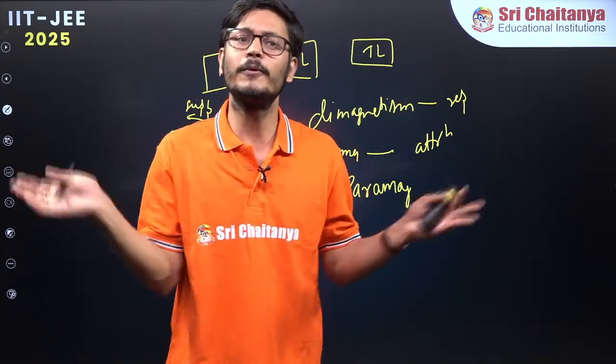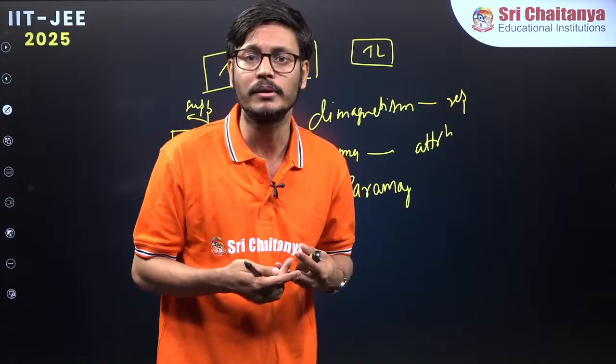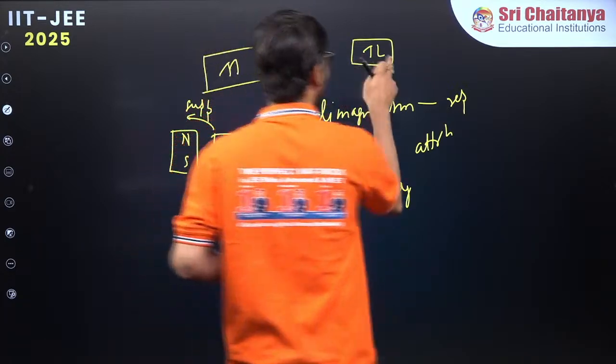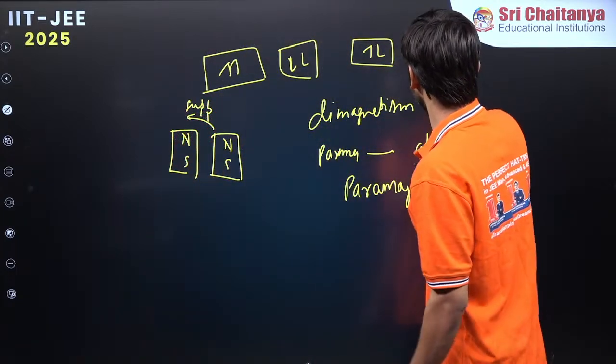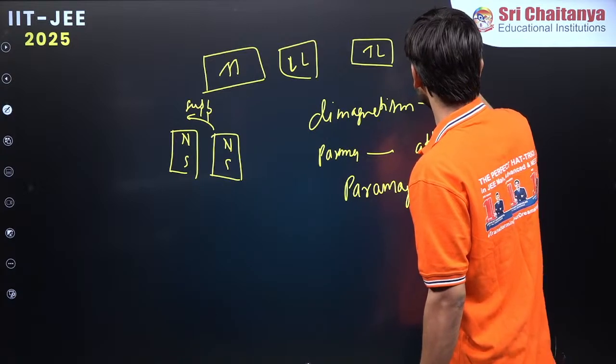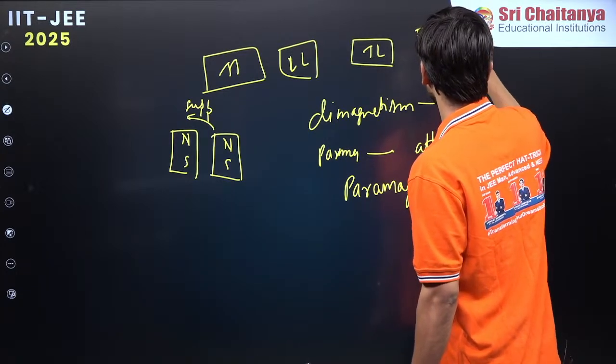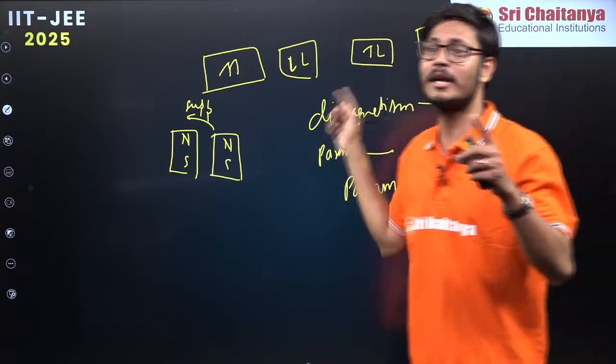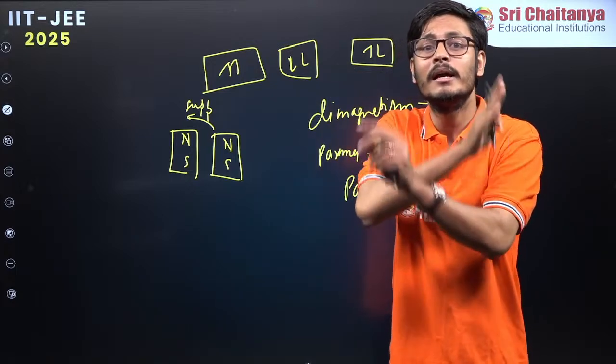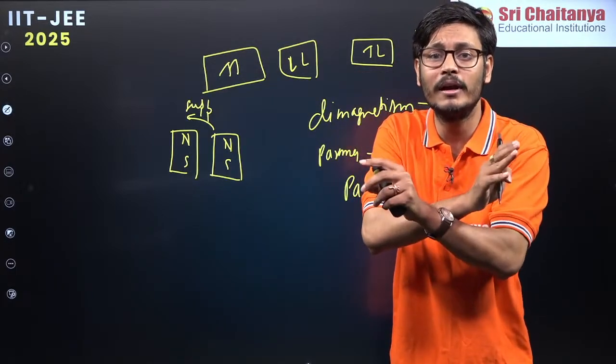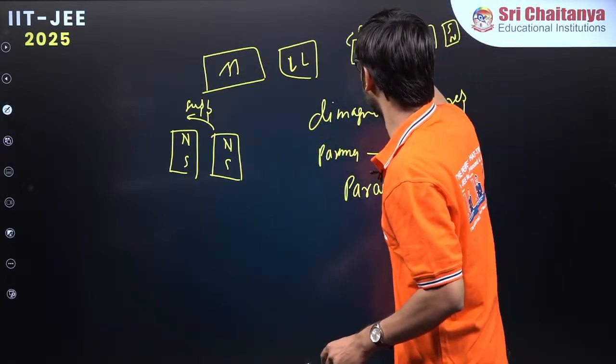Therefore, they need to have opposite spin. Opposite spin means what? North and south and north. Now these electrons cancel their magnetic field. Because they cancel their magnetic field, it will appear as diamagnetic.